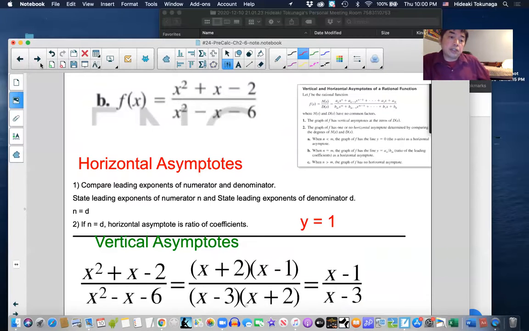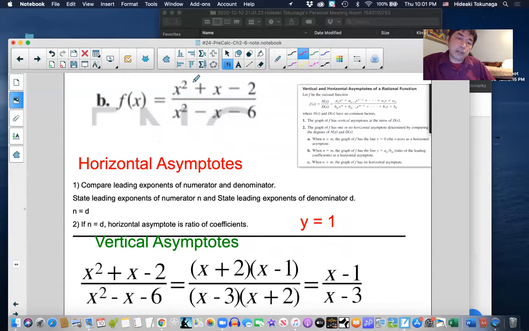Next question is f of x equal x squared plus x minus 2, that's the numerator, over x squared minus x minus 6, that's the denominator. So as same as the previous question, for the horizontal asymptote, state what the leading exponent is.